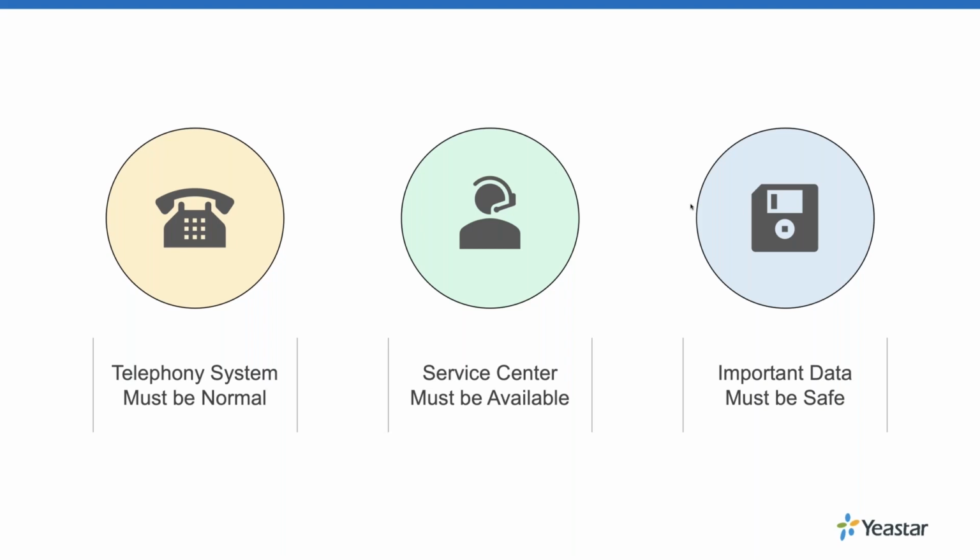The second point is that the service center must be available. For those types of customers, mostly they have a service center because they have lots of incoming calls from the customer side.